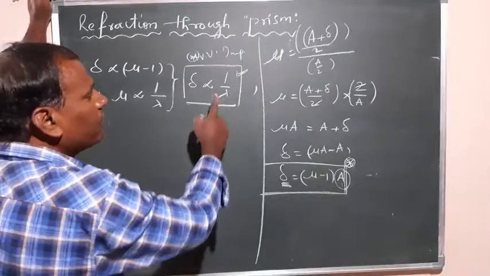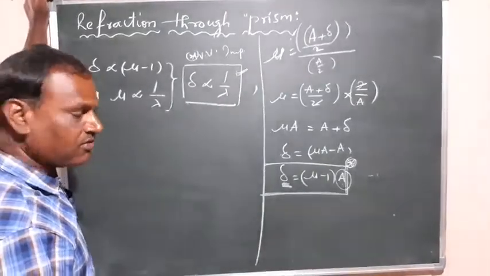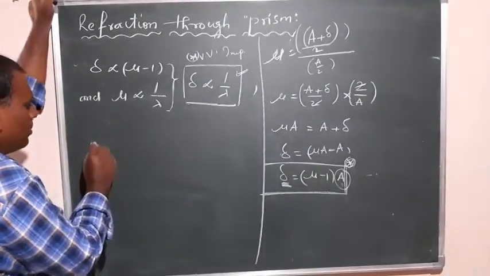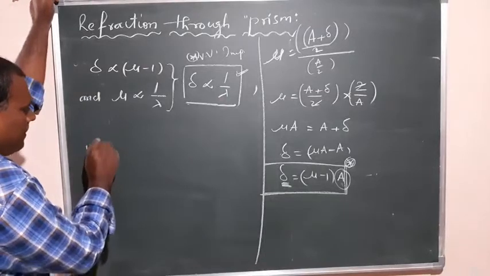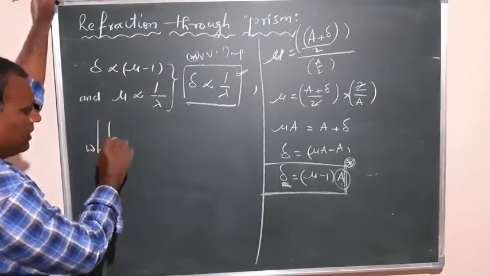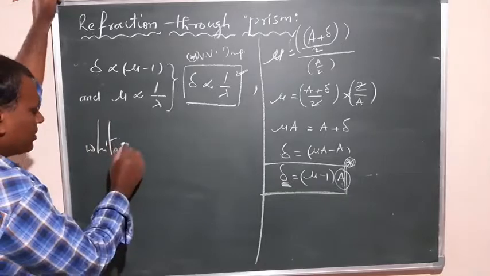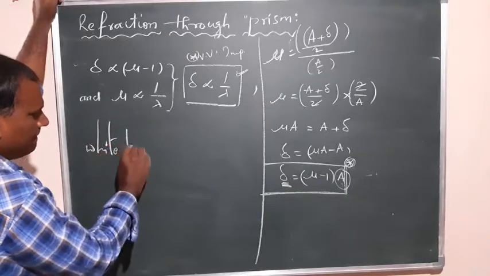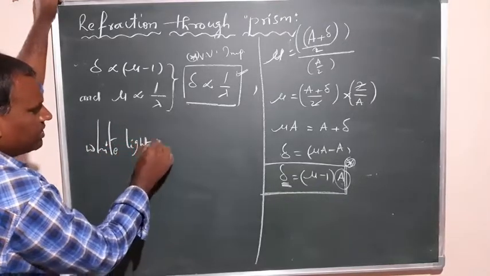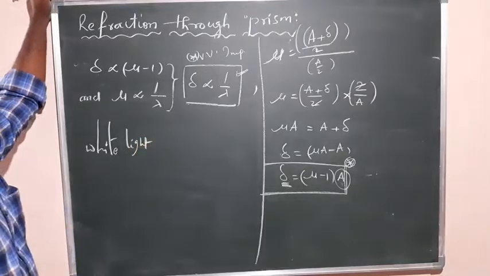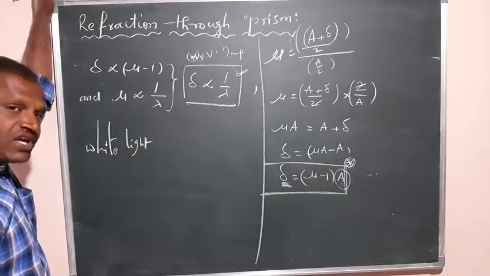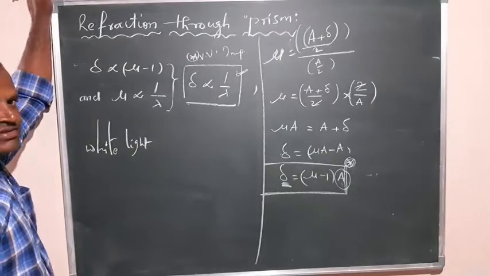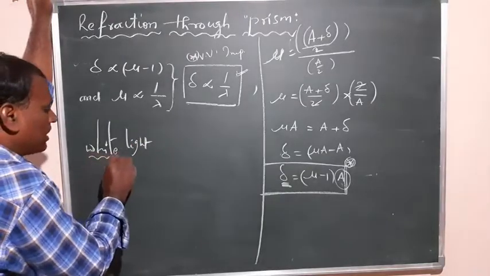Now, you have the white light. White light means white color light. White light is nothing but a combination of all colors. A light which has all the wavelengths is known as white light.